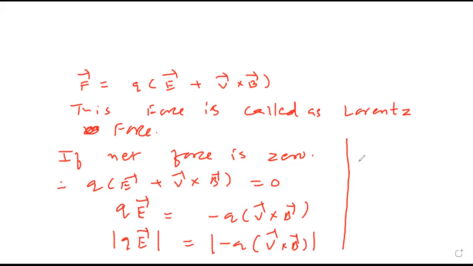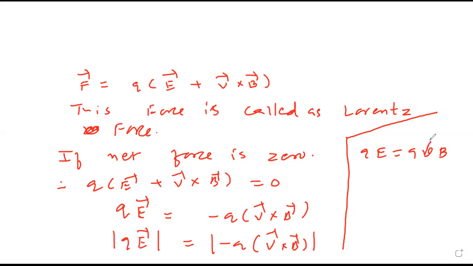If force is 0, that means the acceleration is 0. Force is that physical quantity which changes or tends to change the state of rest or uniform motion in a straight line. So when force is 0, it will not change that straight line motion. That means qE is qvB in magnitude.